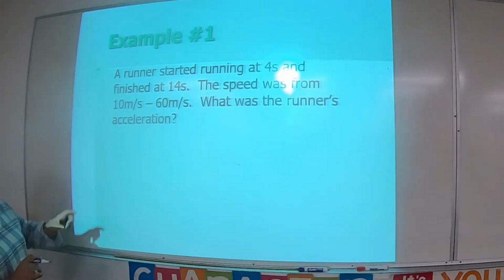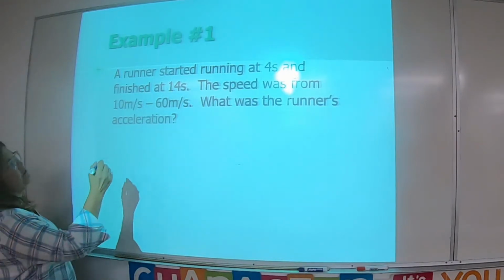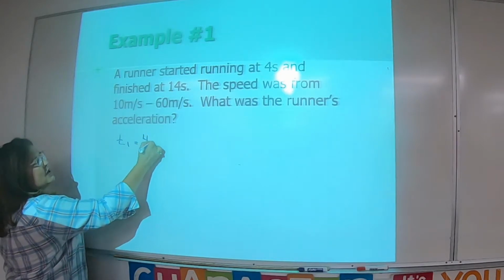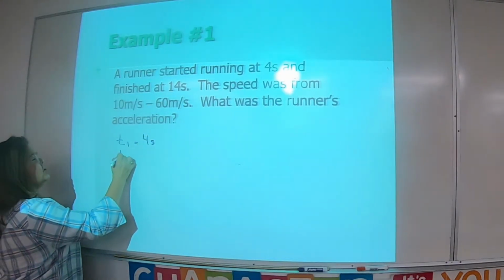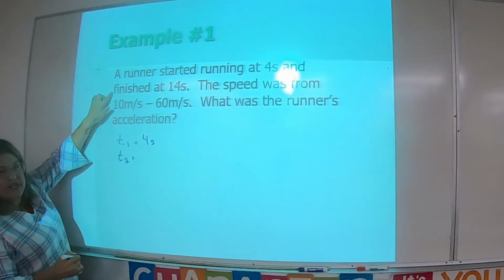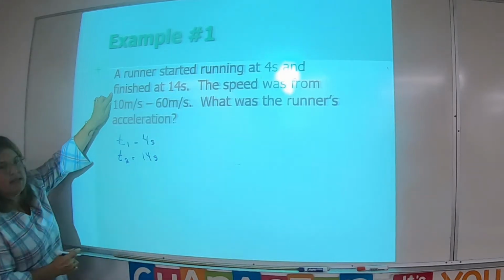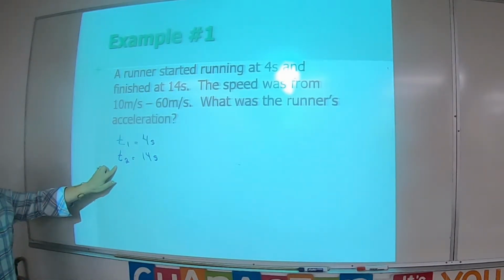Yes, from our formulas. So a runner started running at 4 seconds. So initially the time was 4 seconds, T1, and T2, he finished at 14 seconds. Okay. Initially it started at 4 seconds, he finished at 14.